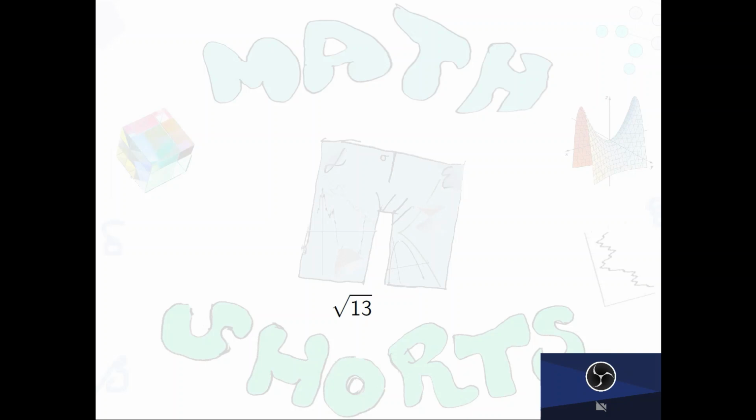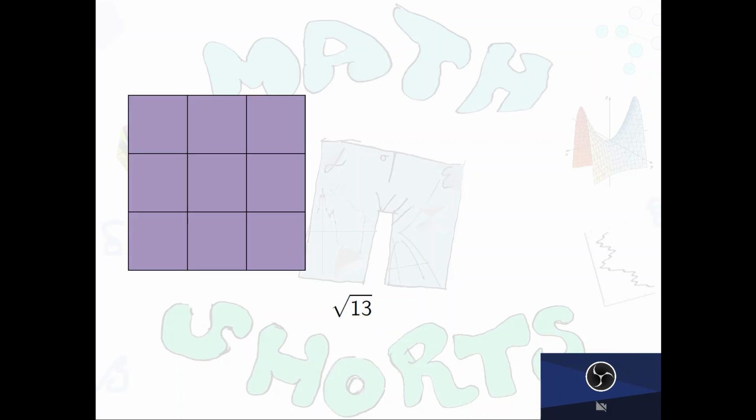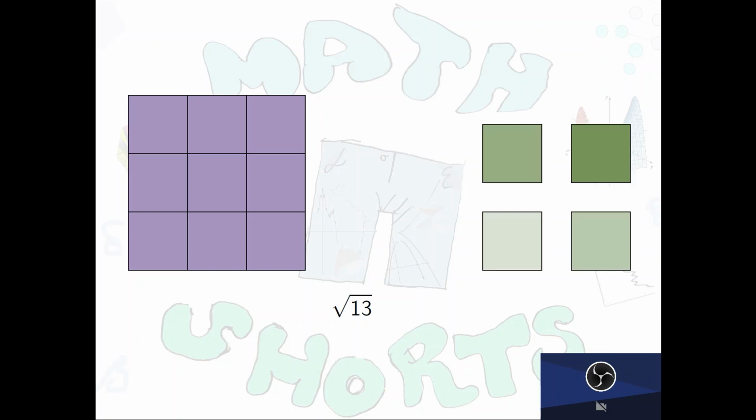So I know that the square root of 13 is somewhere between 3 and 4. So if I take 13 square units, or 13 squares, I can take 9 of them and make a square that's 3 by 3, and I'm going to have 4 more left over. And again, I want to take this extra stuff and build a bigger square.